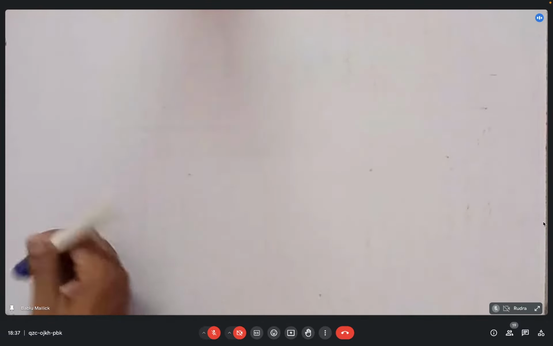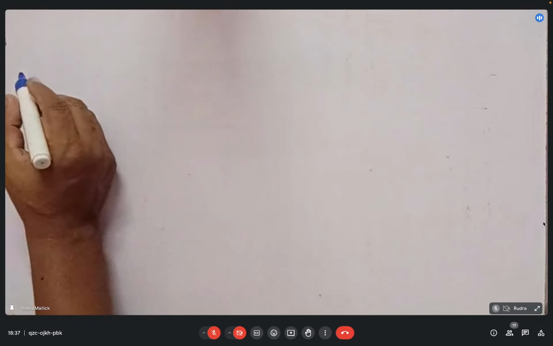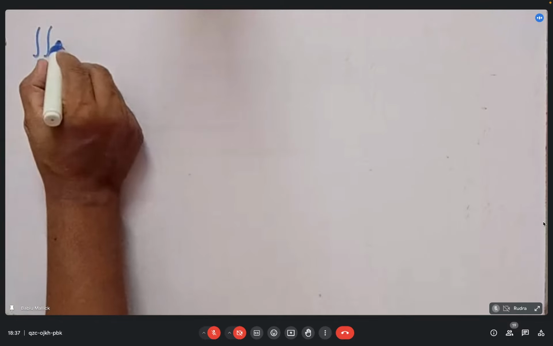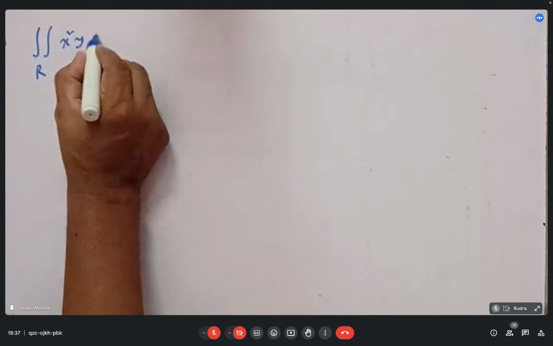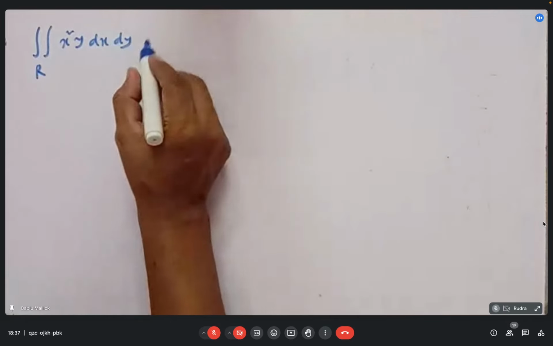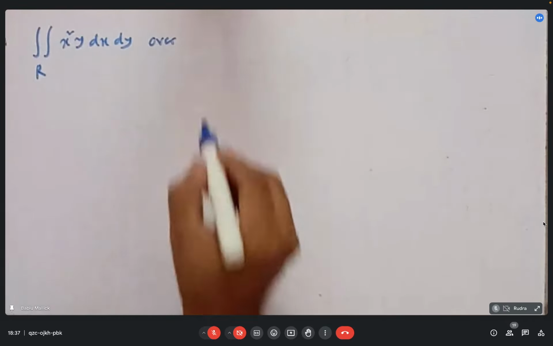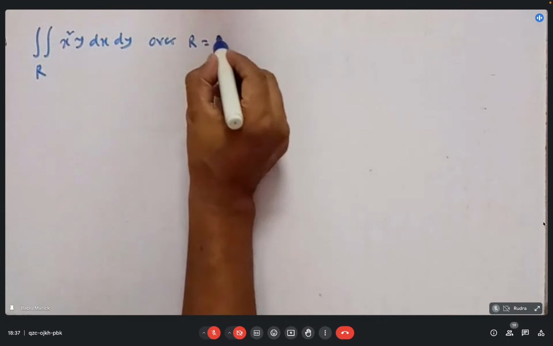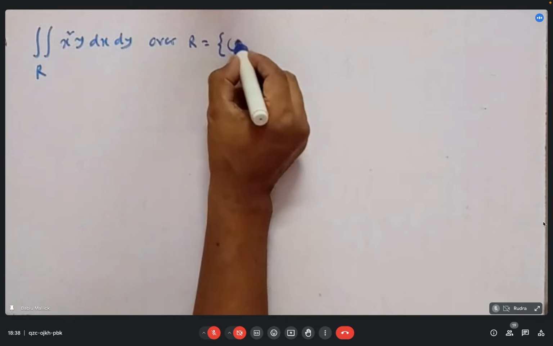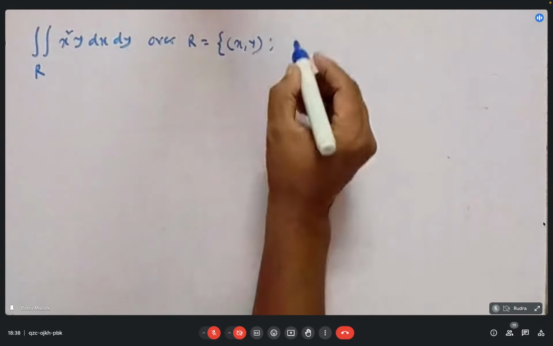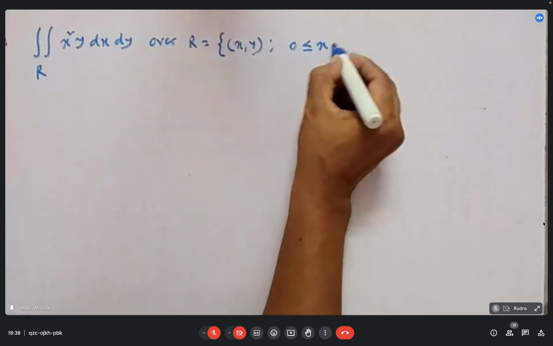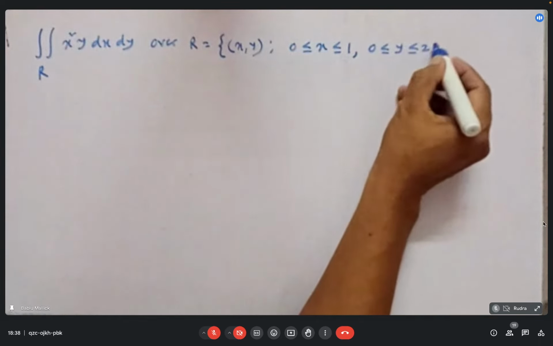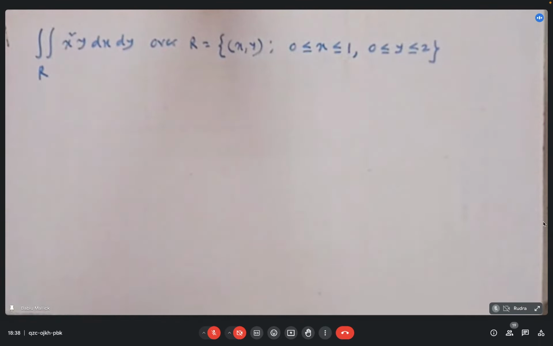Evaluate the double integration over R of x square y dx dy, where capital R is the set of (x, y) such that 0 less than or equal to x less than or equal to 1 and 0 less than or equal to y less than or equal to 2.